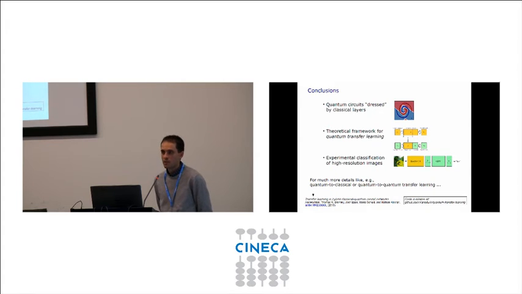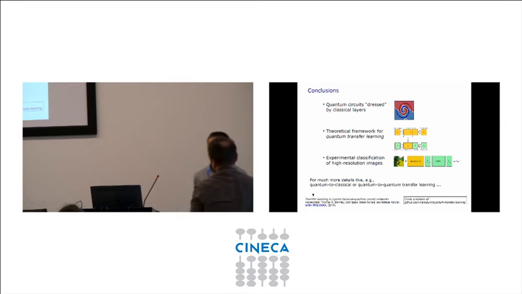So something you have already today can solve problems that are relevant from a practical point of view. Much more detail can be found in the paper that is today on the arXiv, and all the results can be reproduced with the code you can find at this link on GitHub. Thank you very much.